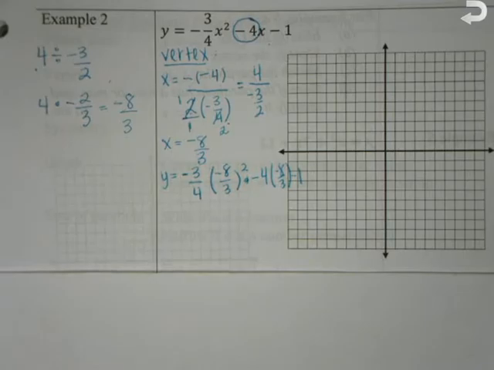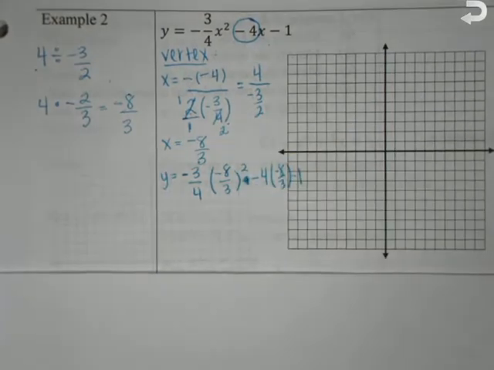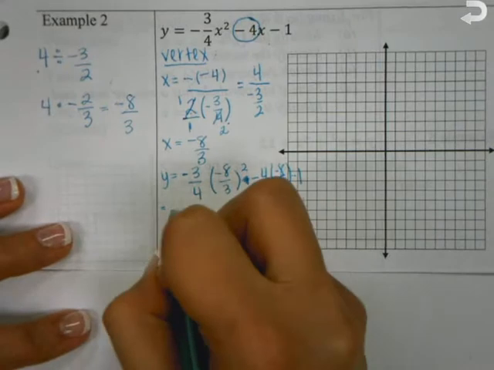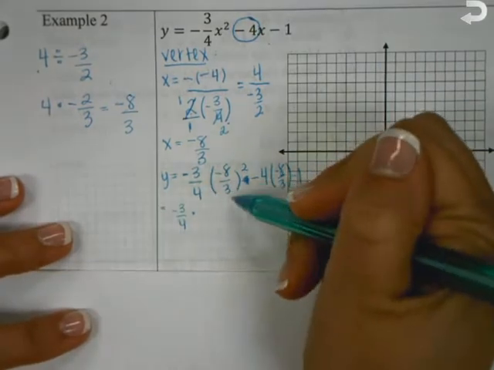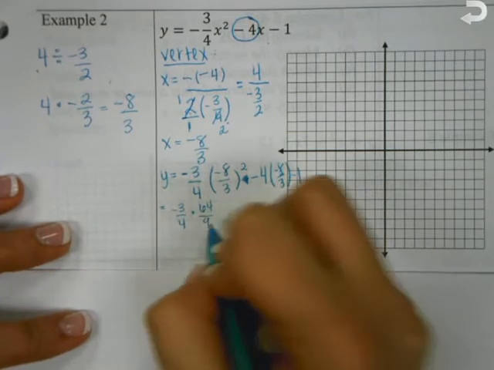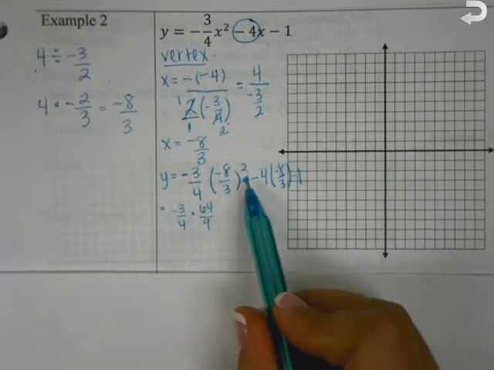Okay, let's simplify. This is -3/4 times -8/3 squared, which gives me 64/9. Wait, wouldn't you cross it? No, you have to do the exponents first. Oh. -4 times -8/3, that's plus 32/3 minus 1.